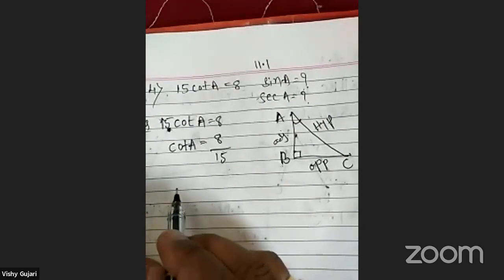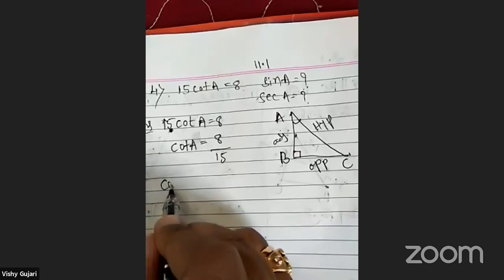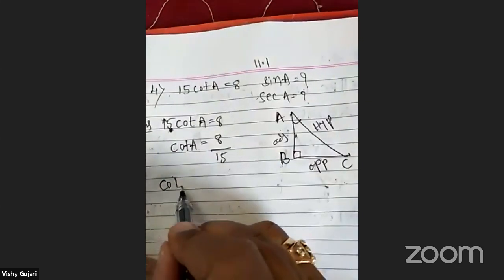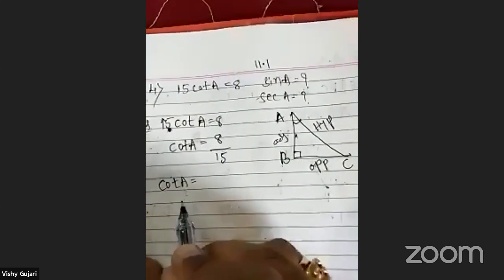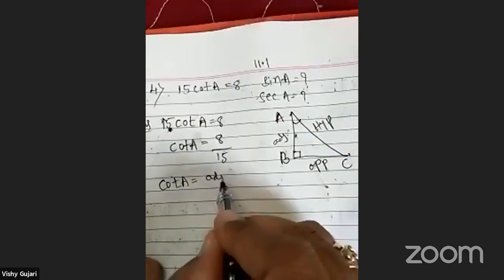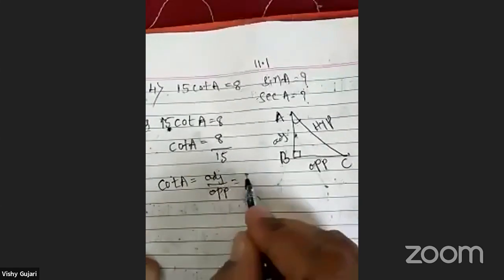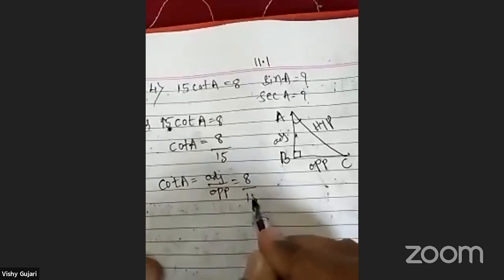Then you are writing cot A means, what is cot A? Adjacent by opposite. That is equal to 8 by 15.